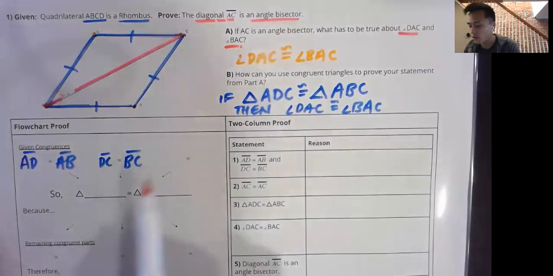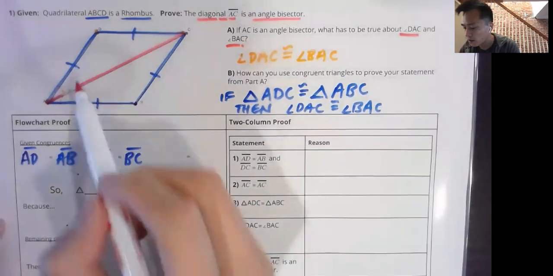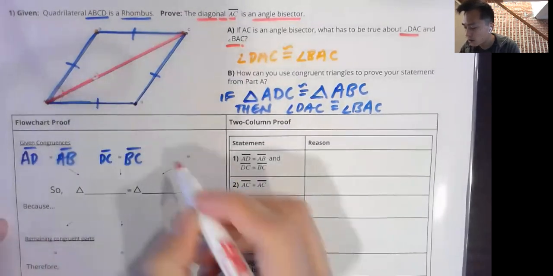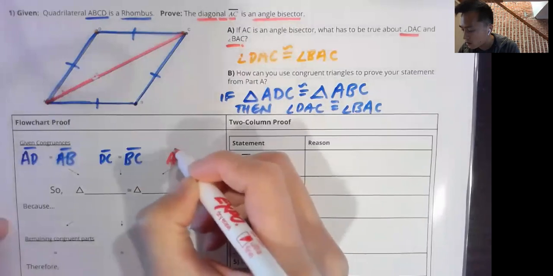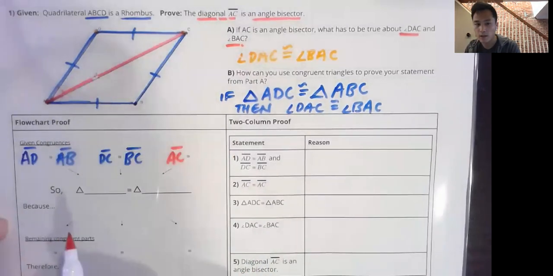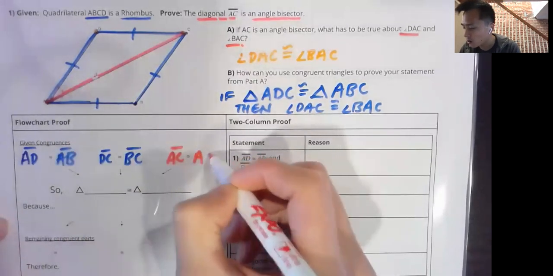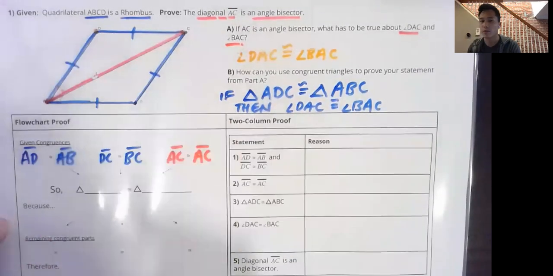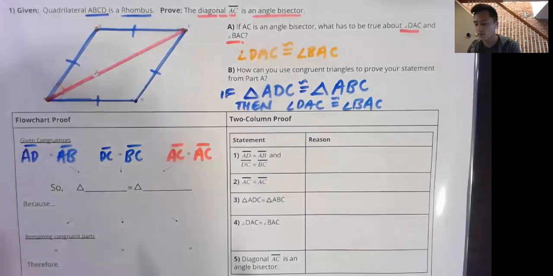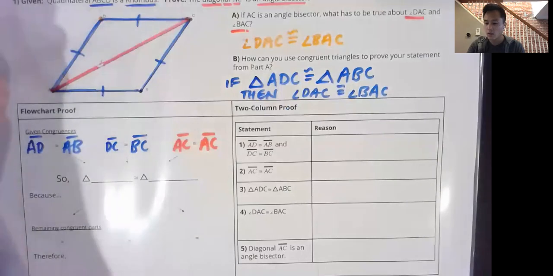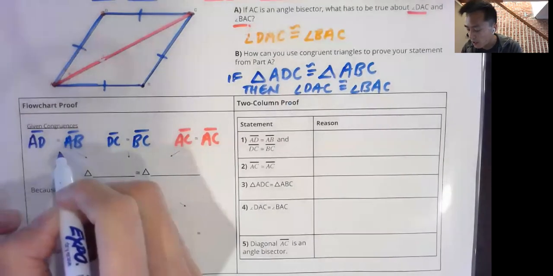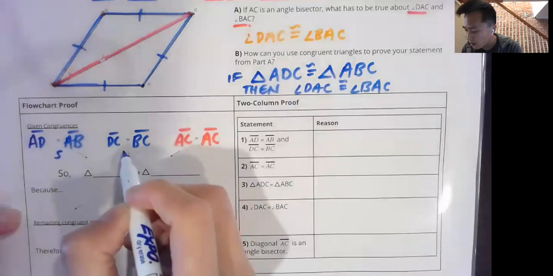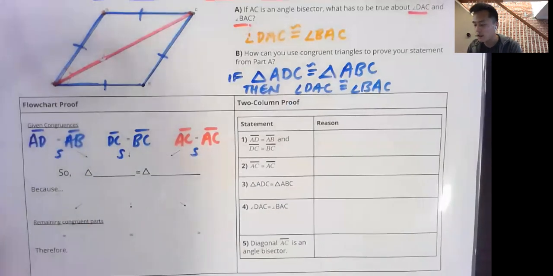I also have a third side that's being shared between the two. So I know that side AC in the top triangle is also going to be congruent to side AC in the bottom triangle because they share it. Okay, so from the given information, I have a side, and another side, and another side.